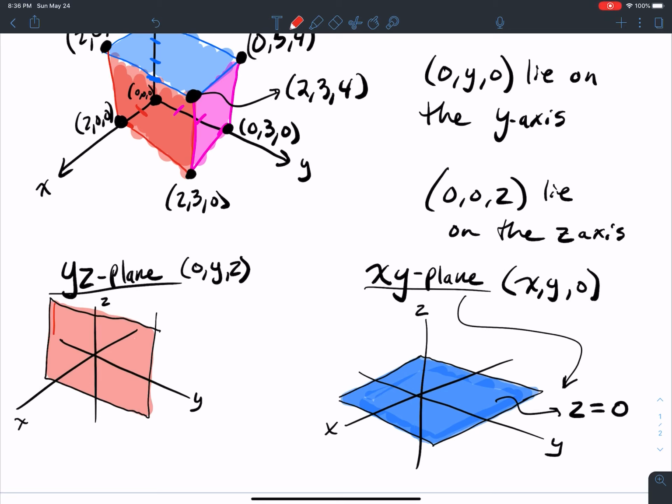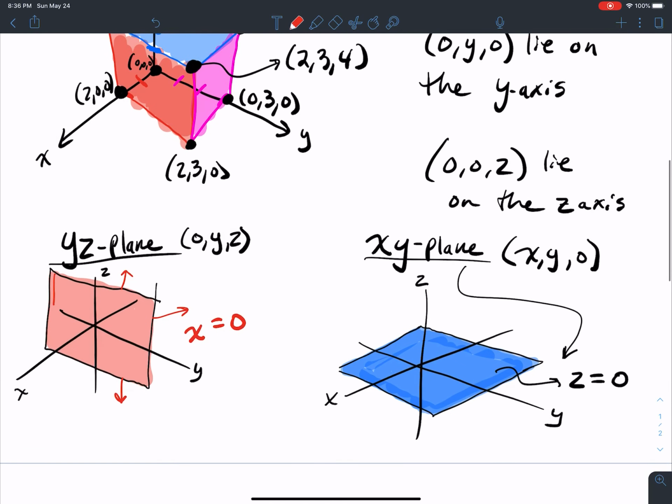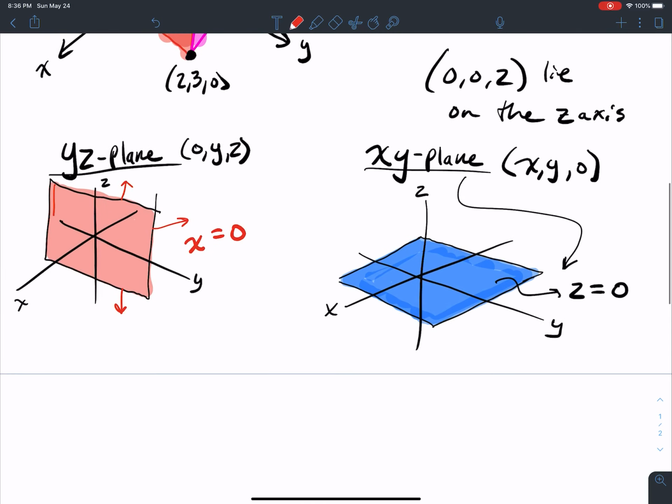It stretches out infinitely in all directions. So that would be the equation x equal to 0. And you can do the same thing for the xz plane, and that would be y equal to 0.